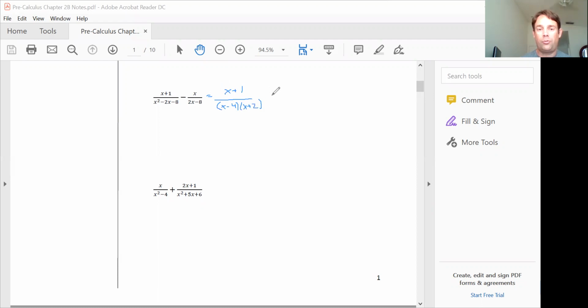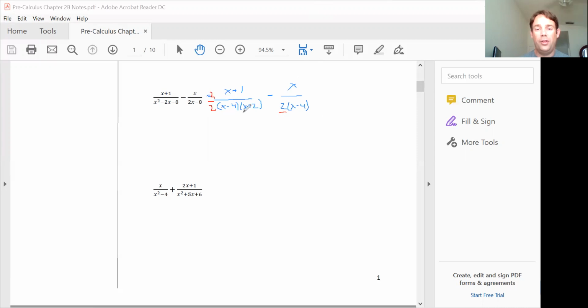And I'm going to subtract x over 2 times x minus 4. And again, we're looking to see what is missing. Now, notice I'm not necessarily missing a factor. I'm just missing a constant. So I'm going to multiply the top and bottom by that constant, so multiply by 2 over 2.